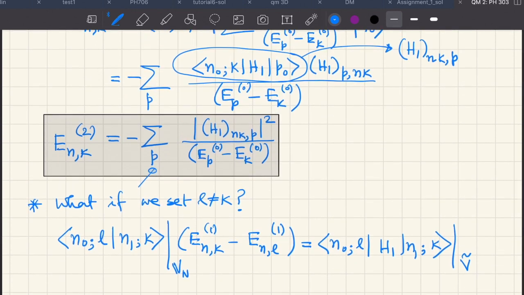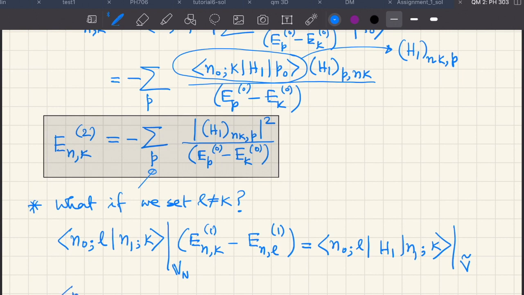That means n naught L n1 K along Vn should be equal to n naught L H1 n1 K divided by Enk1 minus Enl1. This is along V tilde.